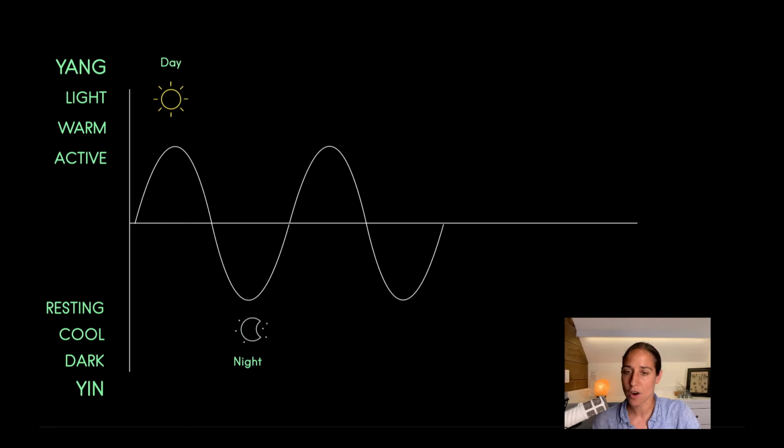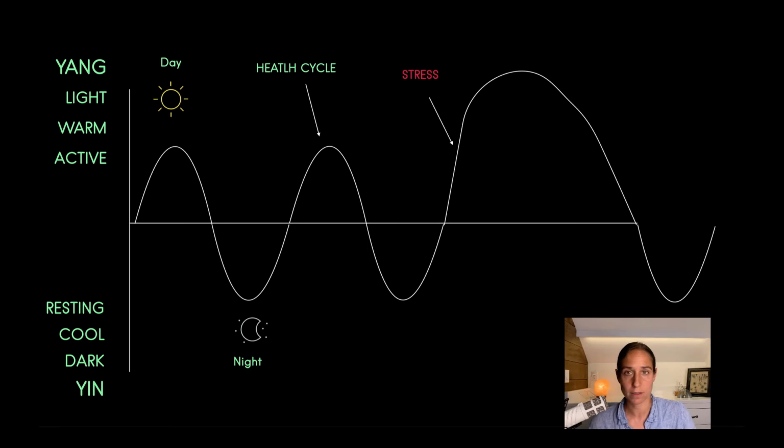So we have our healthy cell cycle going throughout the day. And then what happens is now a trigger comes along. So that could be a virus, that could be a cut, that could be a dangerous situation, that could be a chemical, that could be food full of additives. Whatever it is, it's something that requires the cell to expend energy in order to get back to a healthy baseline.